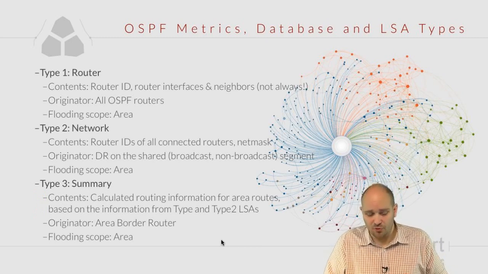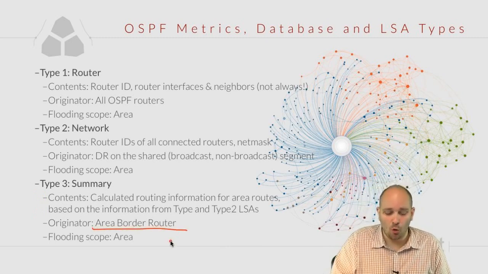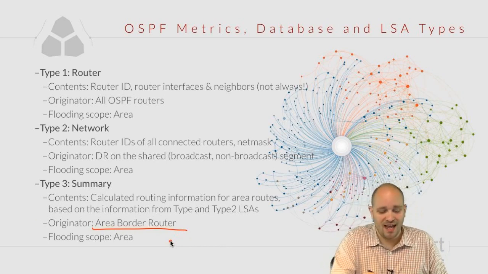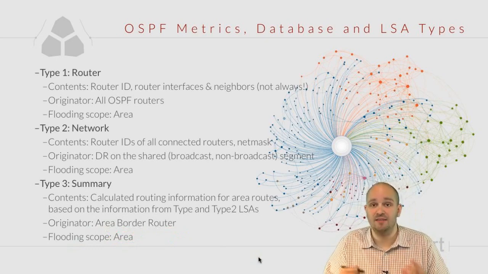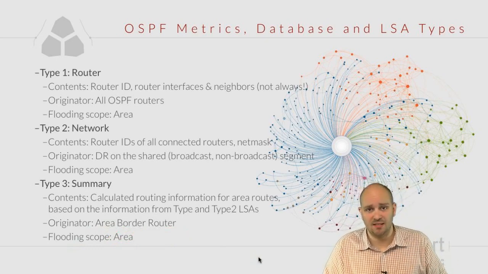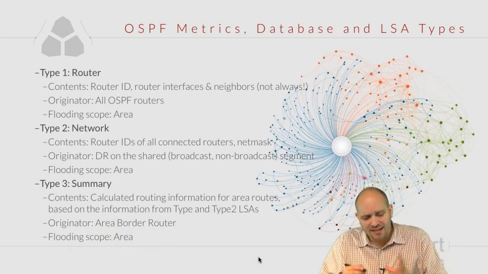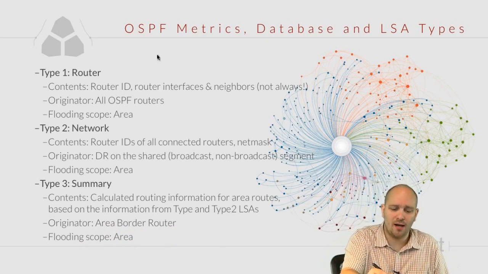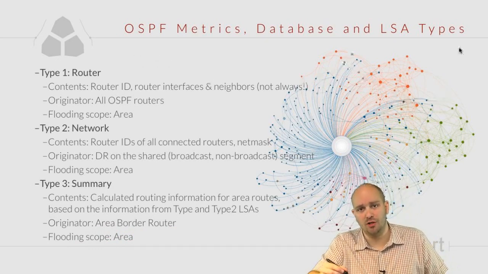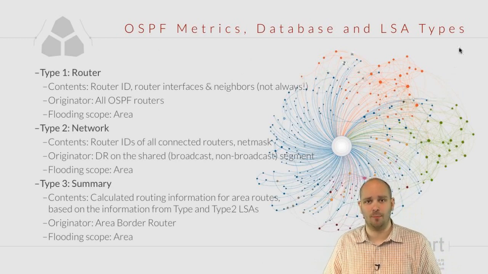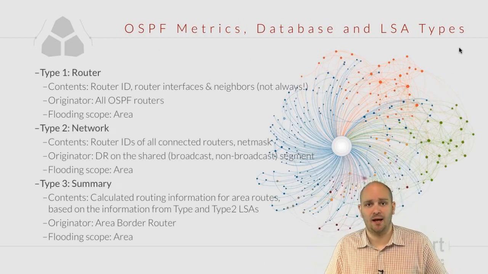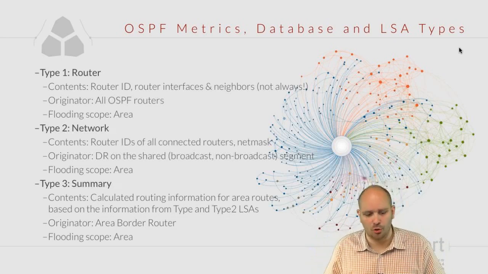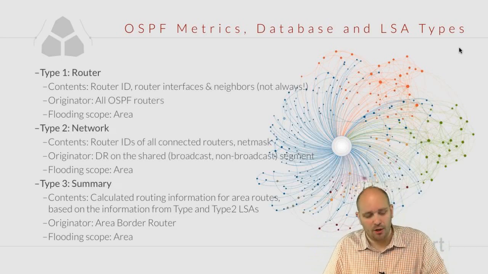These LSAs, type 3 LSAs, will be generated by all area border routers, and the flooding scope of these type 3 LSAs is going to be the individual area in which it's generated. Now, when this information goes from one ABR to another ABR to another ABR, and I'm going to explain this when we talk about the inter-area operations in OSPF, which is a separate story and much more complex than I have time for now, but I will talk about it.